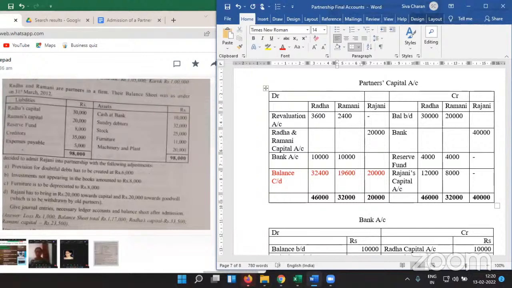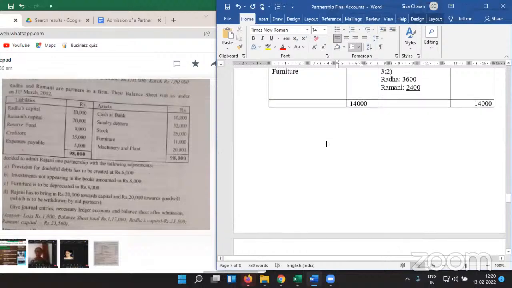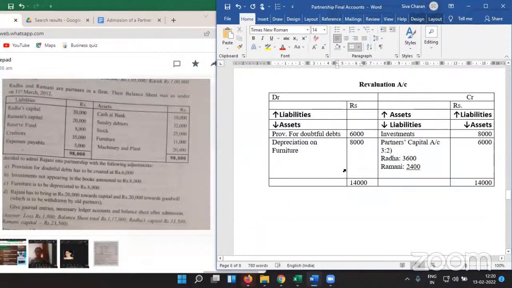Still, it's a loss of 1,000 only. The partners lost. How come it is 6,000? This is the problem with these textbooks. There is no possibility of getting a loss of 1,000, because provision for doubtful debt is 6,000, investments not appearing in the books 8,000, and furniture depreciation 8,000.